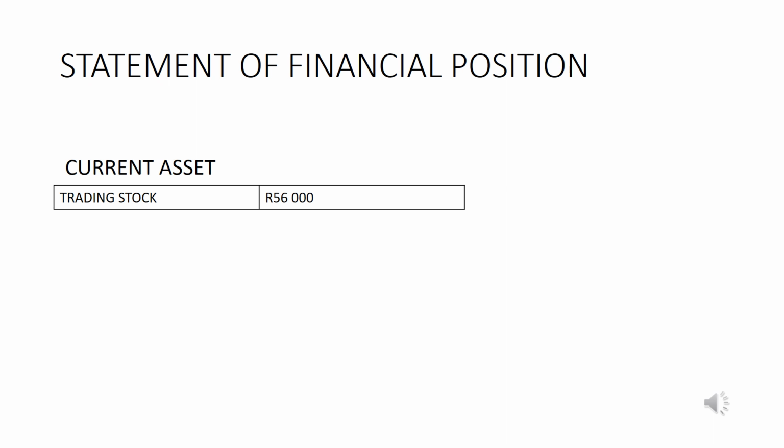Lastly, when we are preparing your statement of financial position, what is called a balance sheet in other terms, you will be looking at your current assets.